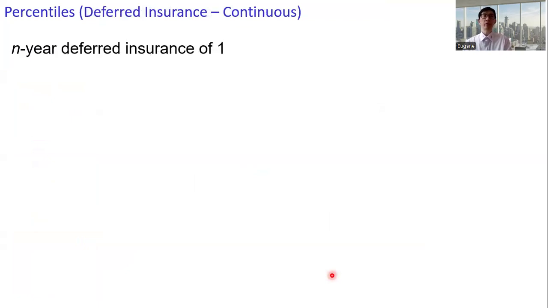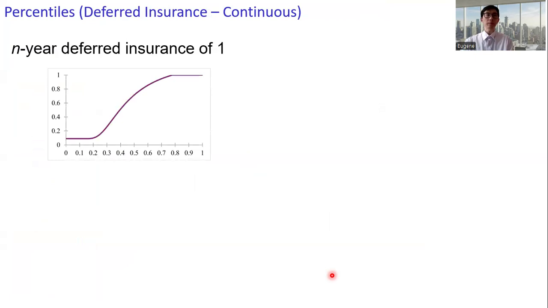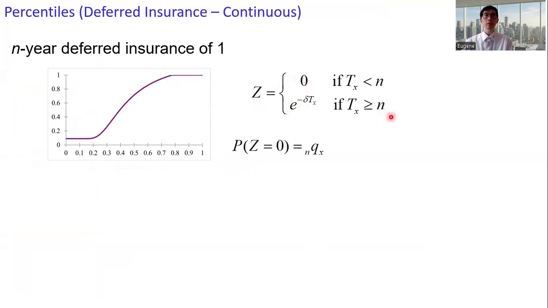Next, we move on to deferred insurance. For the n-year deferred insurance of 1, we get this CDF graph for Z, and we have the PDF here. The probability that Z equals 0 is nqx.